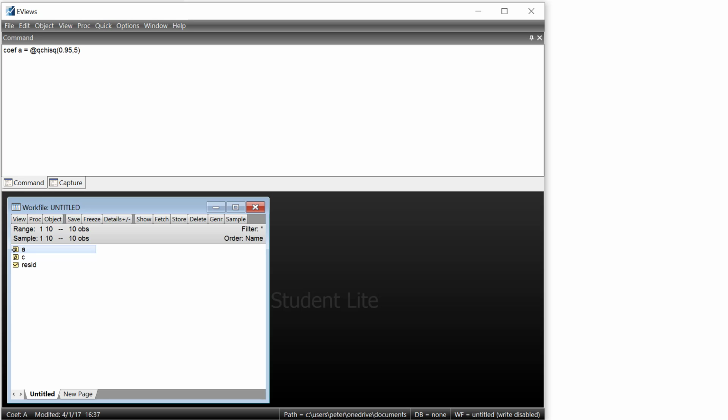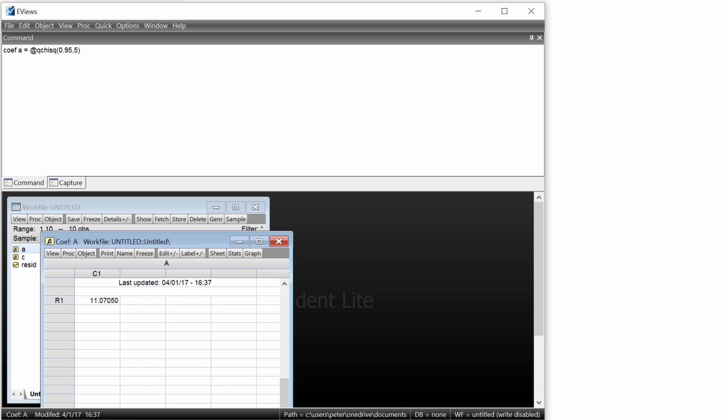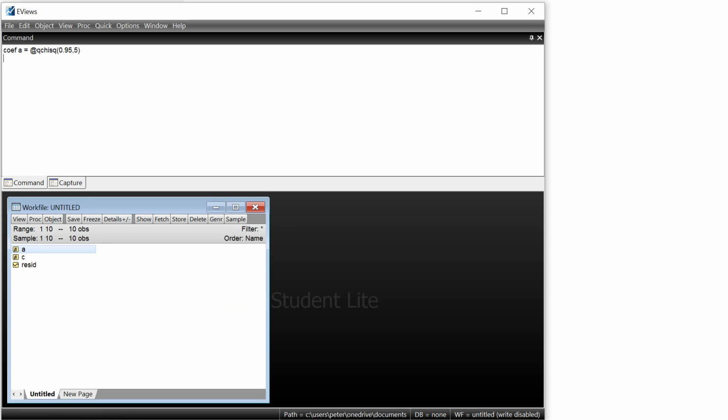It has a little beta symbol next to it. That just means that it is a coefficient. It's not a data series or regression, just a simple coefficient. So we can see the value of it, 11.07, or if you want, you can also do the show command, show A, and it pops up.